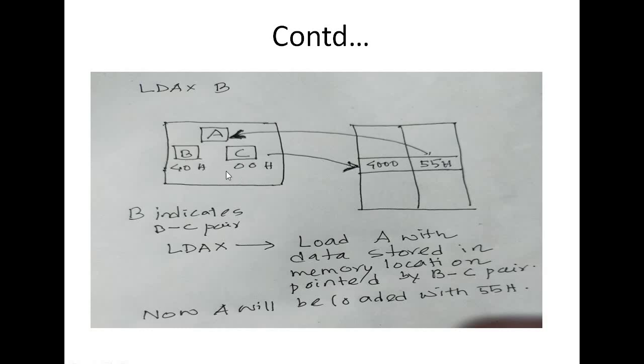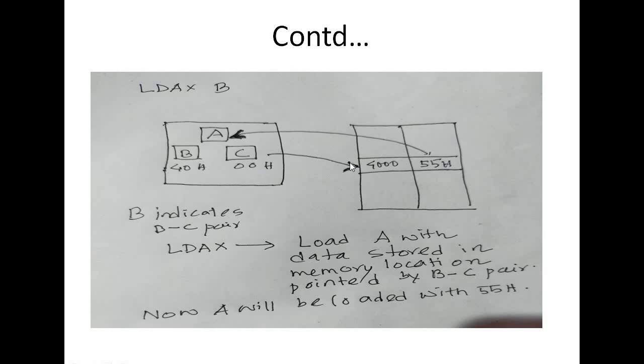What is stored in the BC pair? 4000H. So as soon as the processor finds that the BC pair contains 4000H, it will go directly to memory location 4000H. As soon as I write LDAX B, the processor will see B, so it will go to the BC pair because X is there. It will see the data 4000H. So which memory location do I have to access?